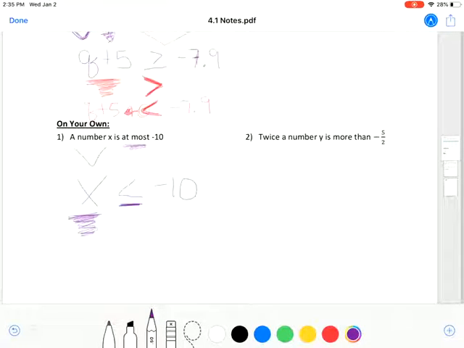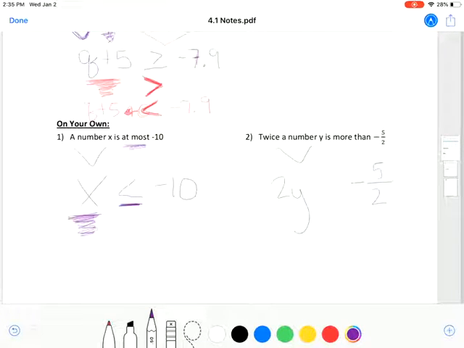Number 2, twice a number y is more than negative 5/2. First I want to write out twice a number y, which is just 2y, is more than negative 5/2. It doesn't even matter what my variable is. All I am saying here is that any number times 2 is going to be greater than, or more than, negative 5/2.